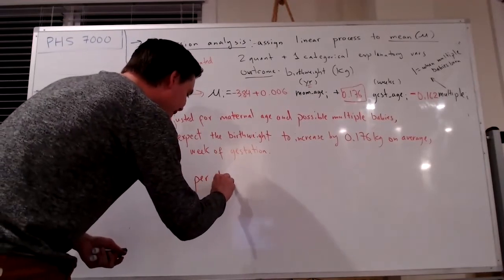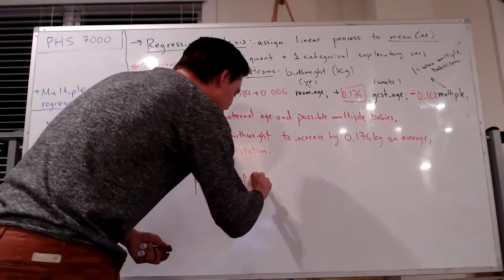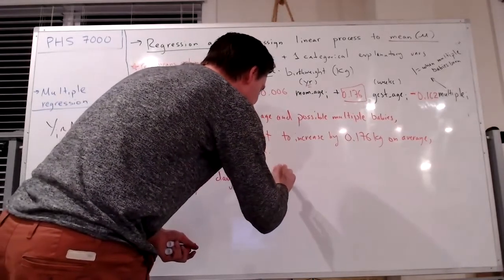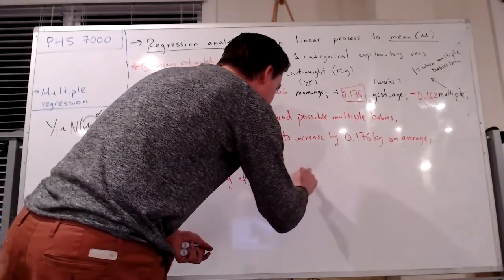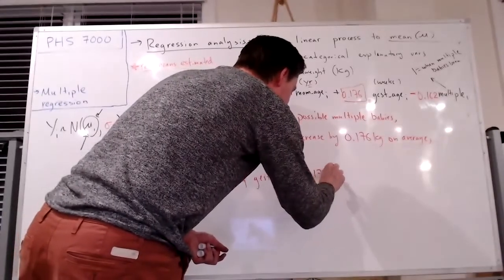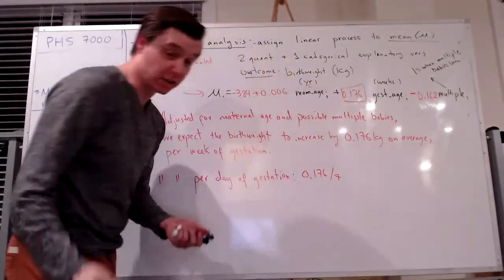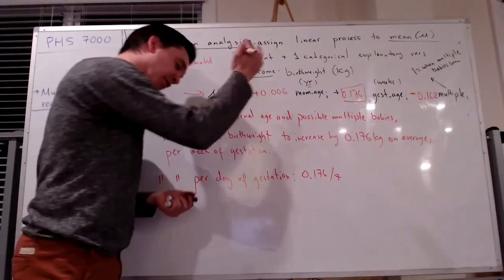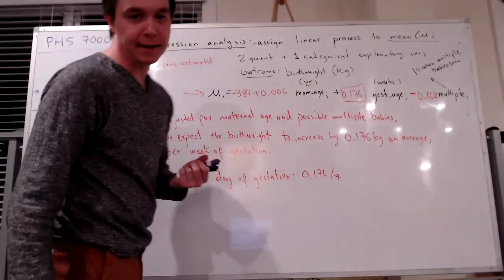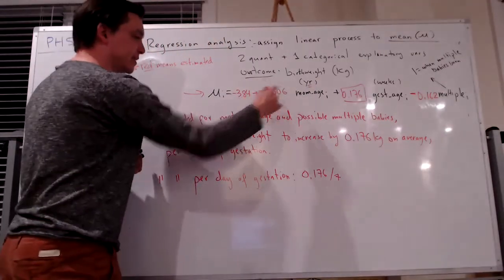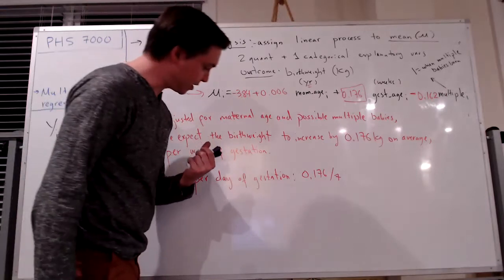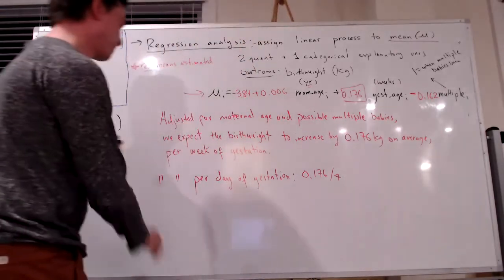Per day of gestation, 0.176 divided by 7, because there are 7 days in a week, just like there were 52 weeks in a year. Can you compute this per day as well? You certainly could. Knock yourself out.